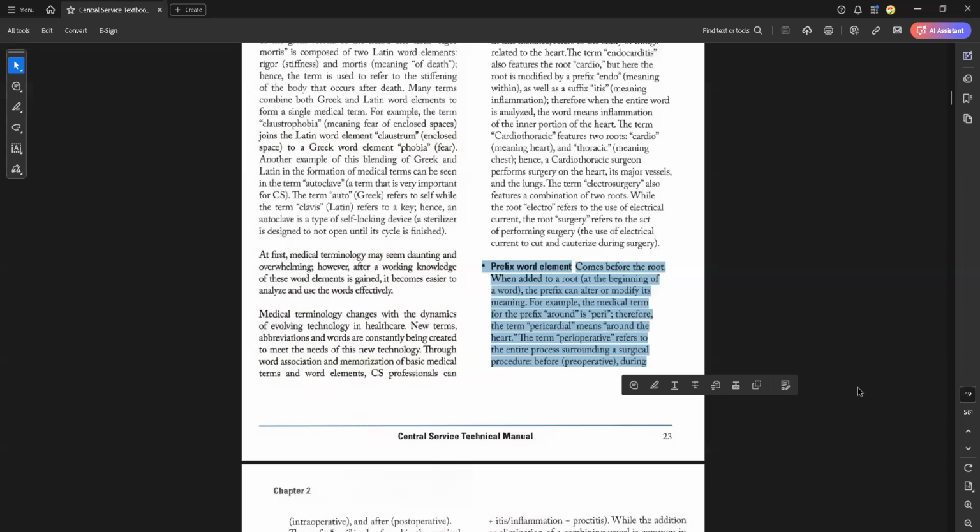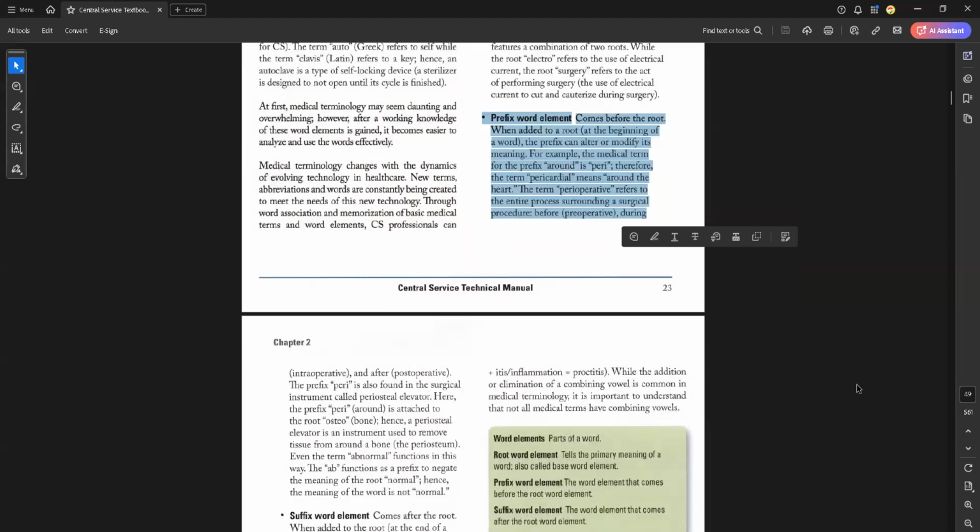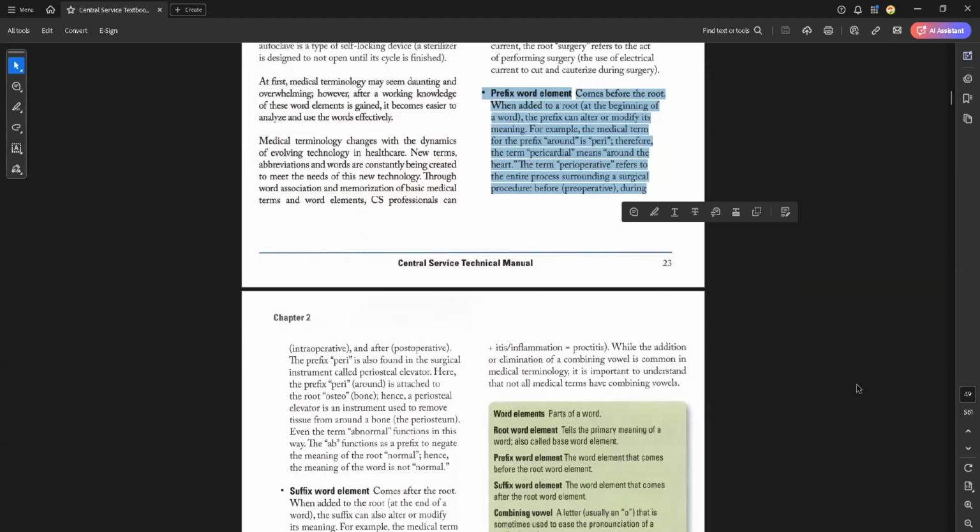So Michael is the root. That is the key. There can never be a medical term without the root. But what about Michael? Is he around Michael? Is he beside Michael? Is he inside Michael, endo, or beside, near, etc.? So the prefix modifies, or in other words, it throws more light on the root. It throws more light on the root.